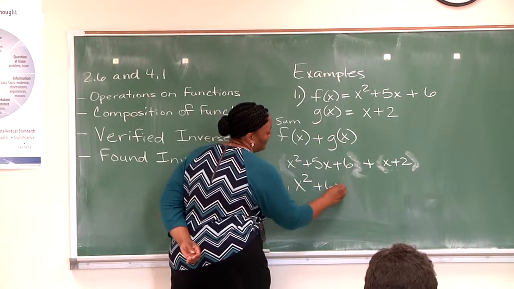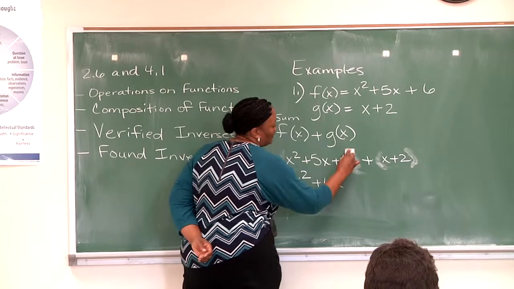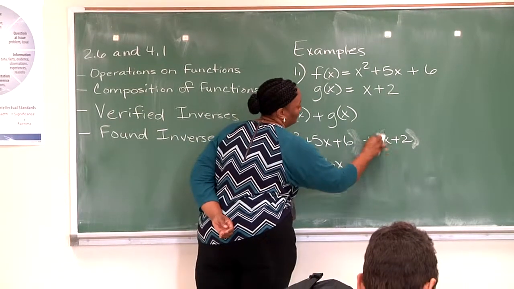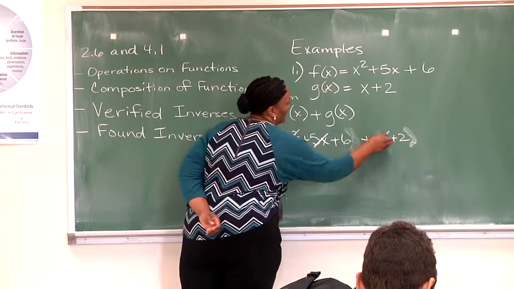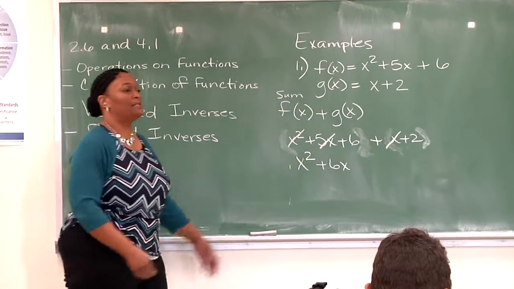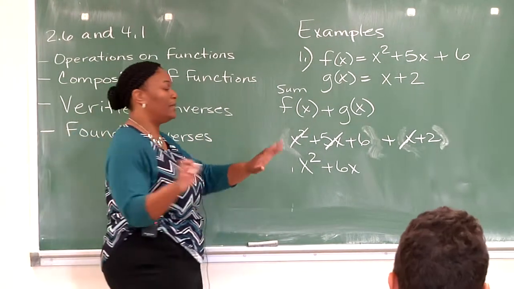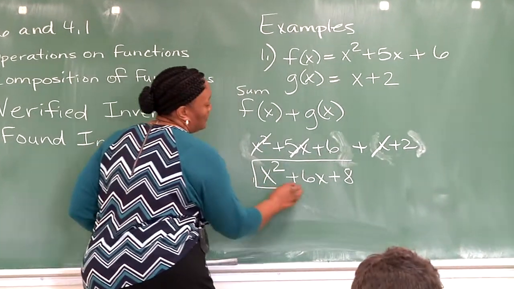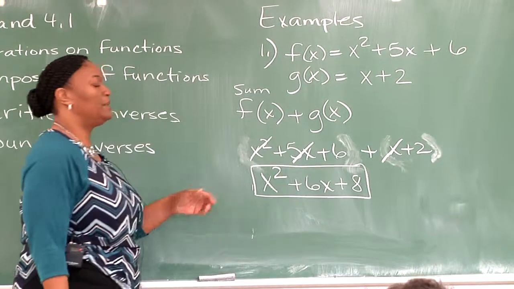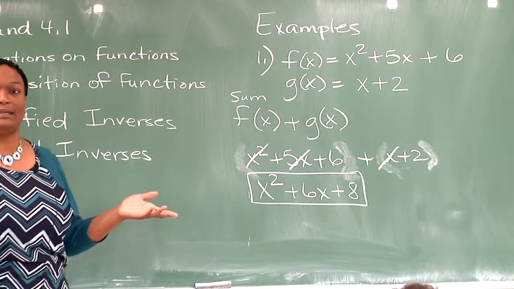Okay, so that's plus 6x. Let me erase this a little bit. All right, so I'm going to mark through those. I've used them. Now I have 6 plus 2, the only thing left, so that's 8, right? So my answer for the sum will just be x squared plus 6x plus 8.